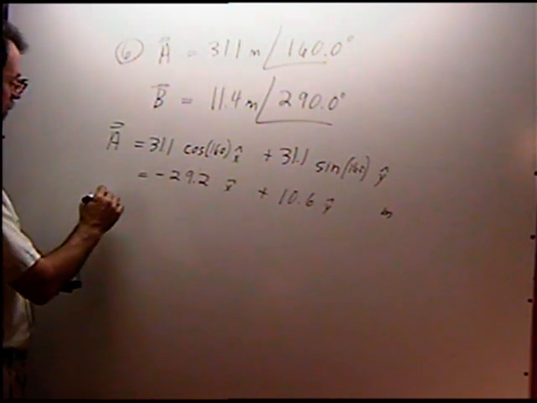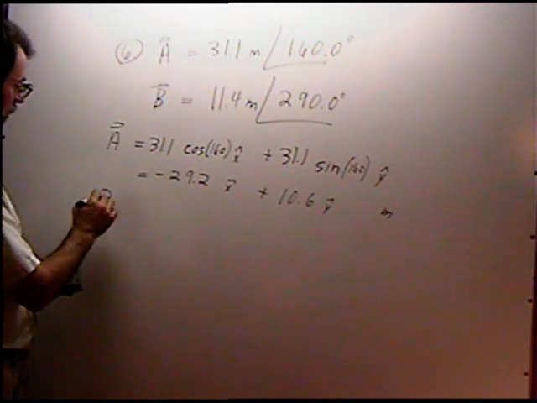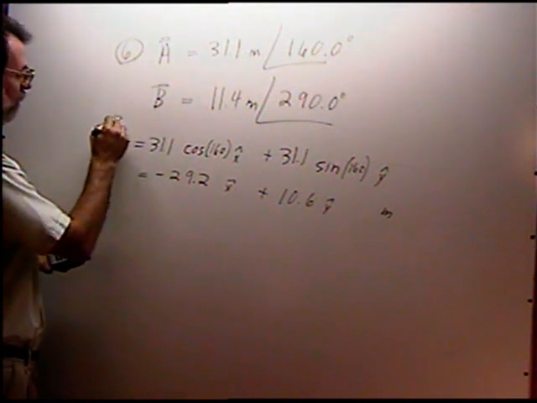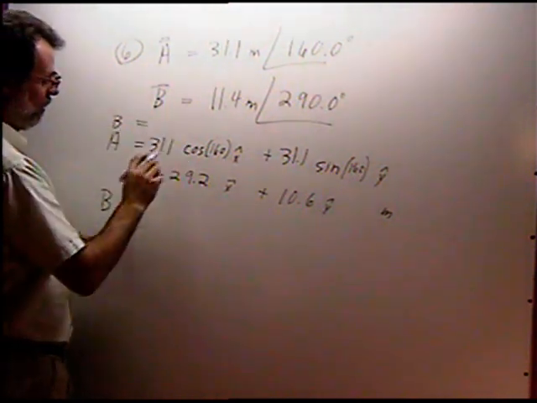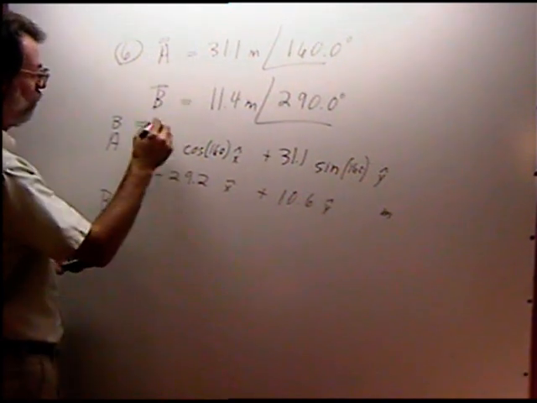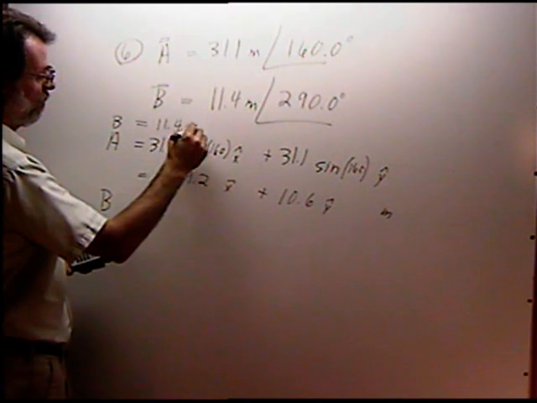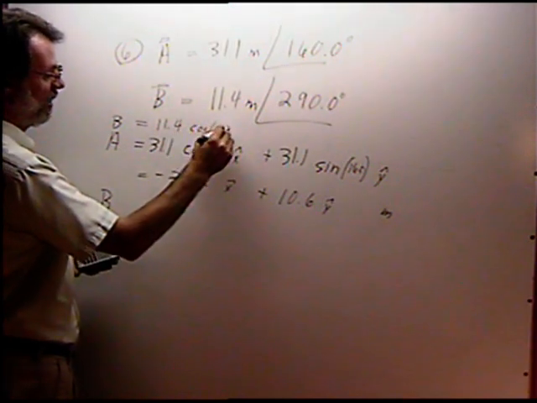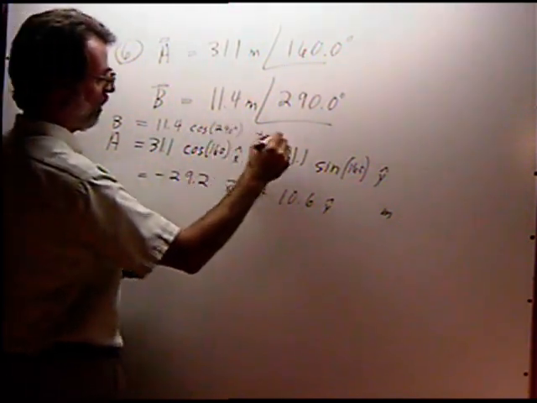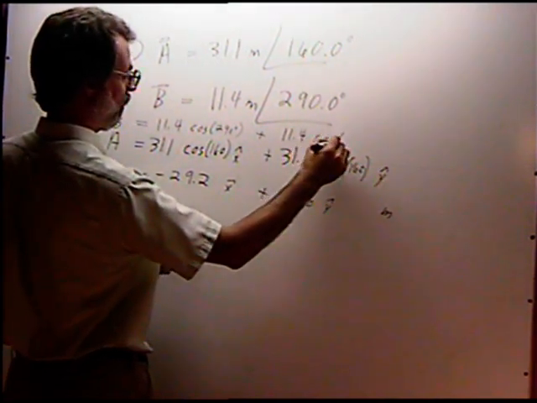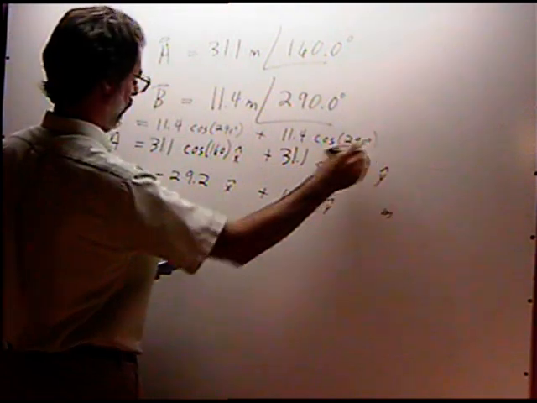Okay, likewise, the B component will be just the same kind of thing. It will be 11.4 times the cosine of 290 in the X direction, plus 11.4 times the sine of 290 in the Y direction.